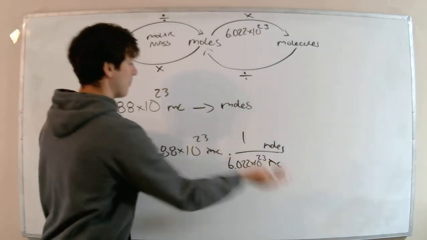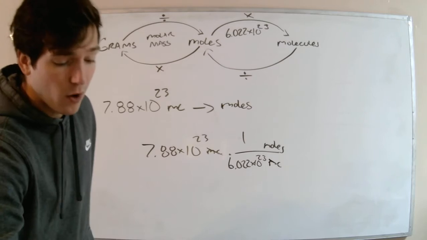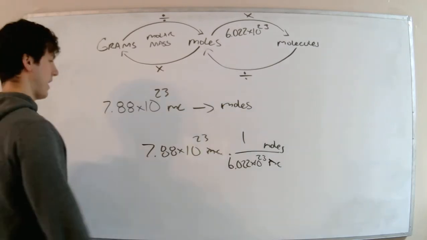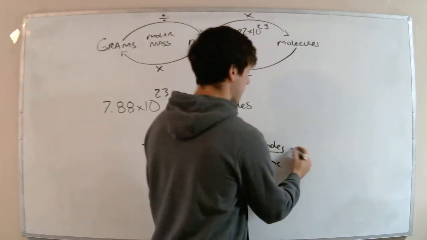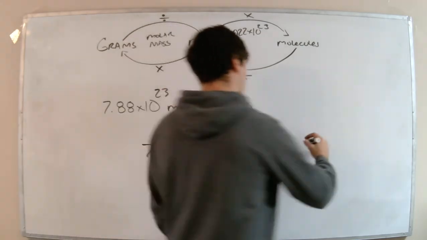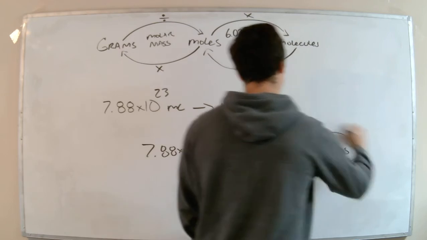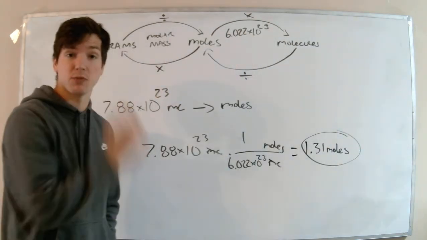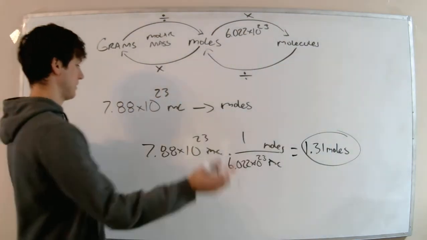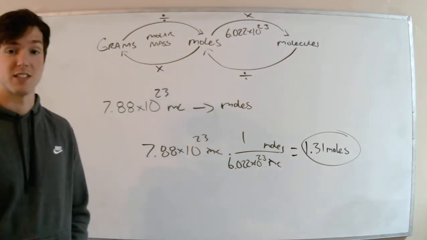Molecules cancel out. I'm left with moles. I know I'm on the right track. I do that, and I should get something like 1.31 moles. See, that is so much nicer just to say 1.31 moles instead of 7.88 times 10 to the 23rd molecules.